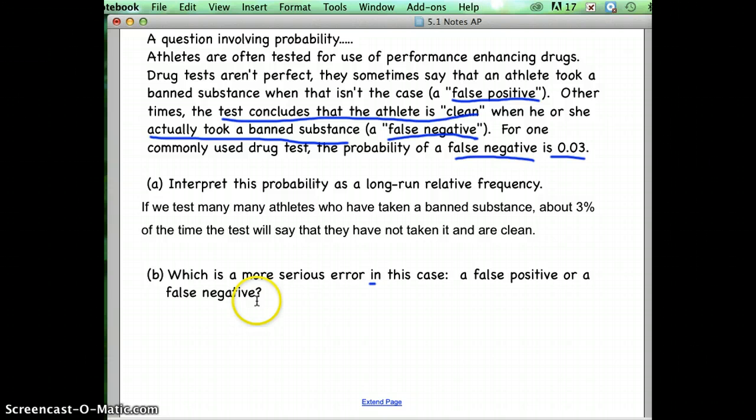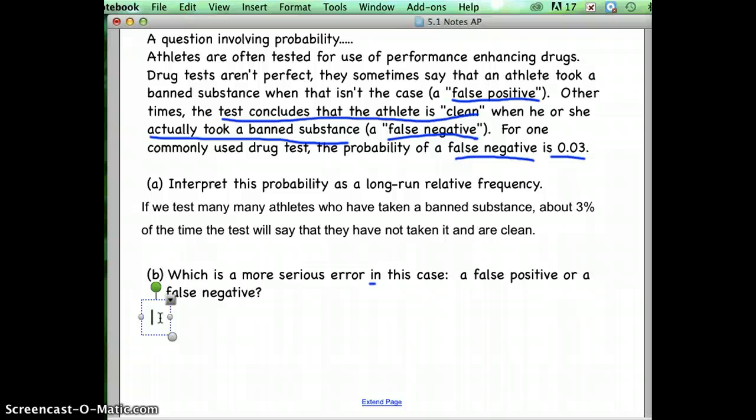A false negative would be, hey, I took all these steroids and nobody caught me. So you could kind of make an argument for either one. But I think I'm going to go with the false positive as being worse, because when people say bad things about you, it's really hard to come back from that.